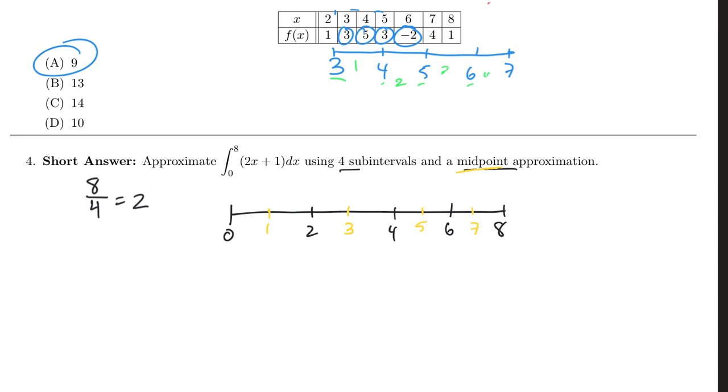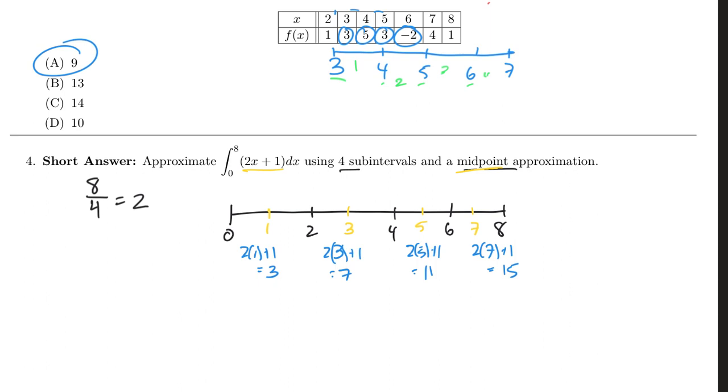Now we're going to get the heights of all these rectangles by plugging these into our expression. So 2x plus 1: 2 times 1 plus 1 is 3. 2 times 3 plus 1 is 7. 2 times 5 plus 1 is 11. And 2 times 7 plus 1 is 15. All right, so those are the heights. The widths are 2, and the heights are given here.